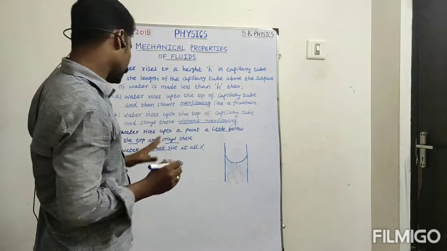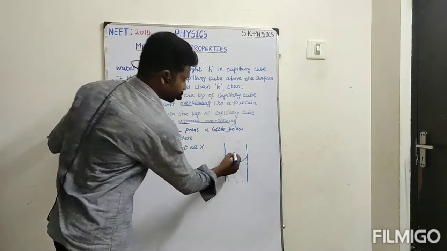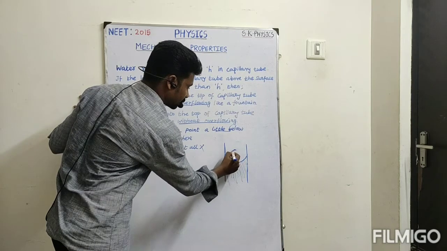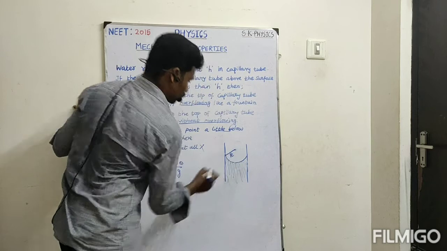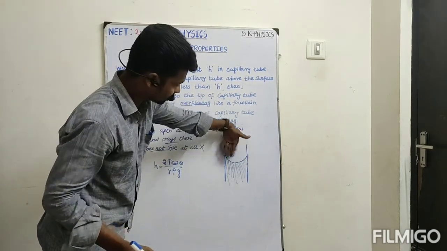That meniscus radius I consider as capital R. Please listen. This is the meniscus radius, the meniscus curvature.